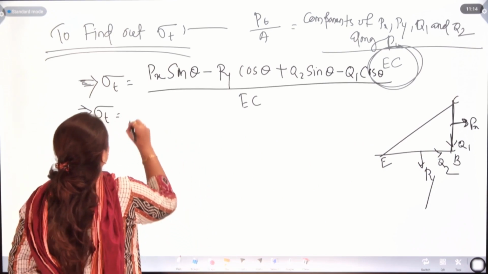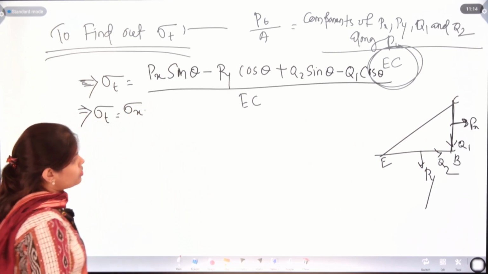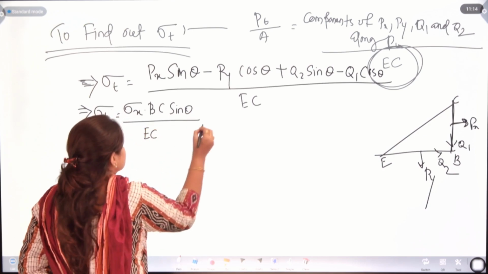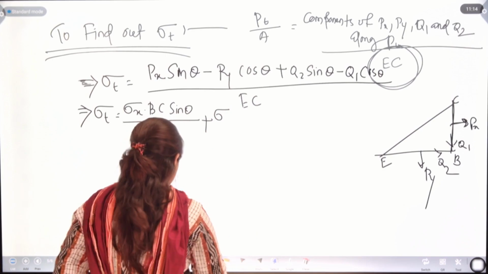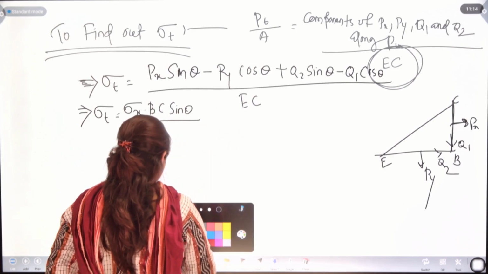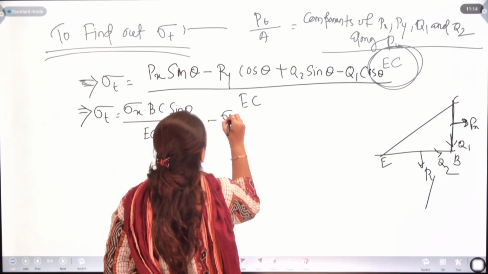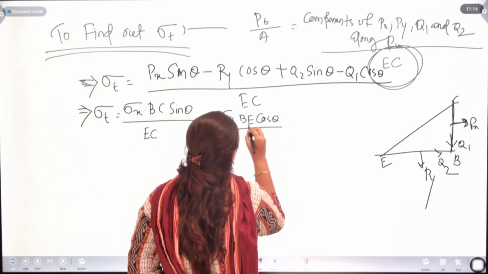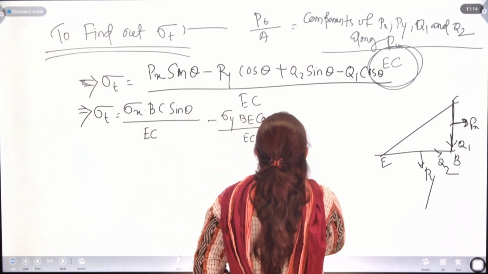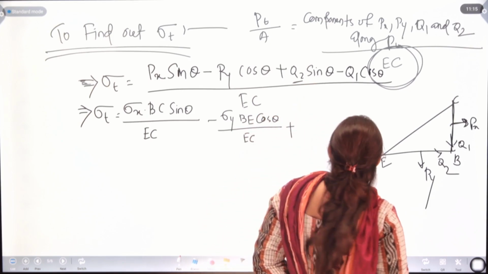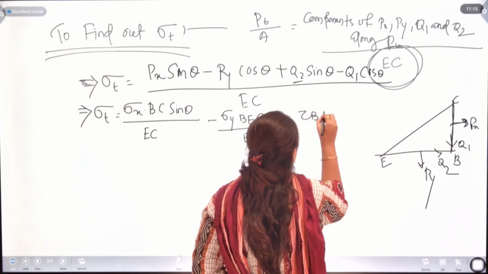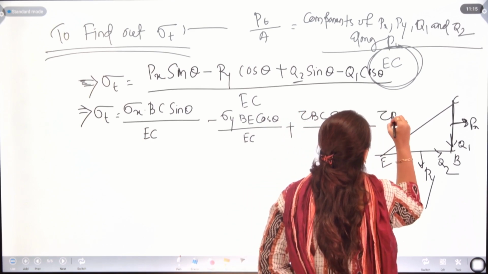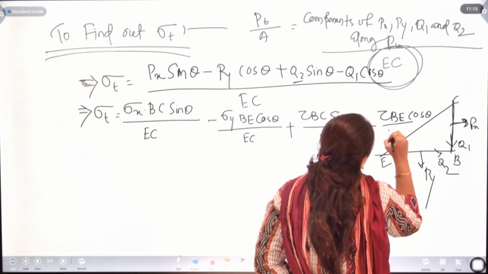So sigma x into BC sin theta upon EC minus sigma y into BE cos theta upon EC, plus for Q2 we can write tau into BC sin theta upon EC minus tau into BE cos theta upon EC.